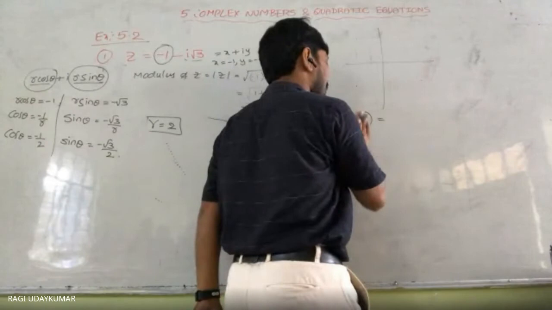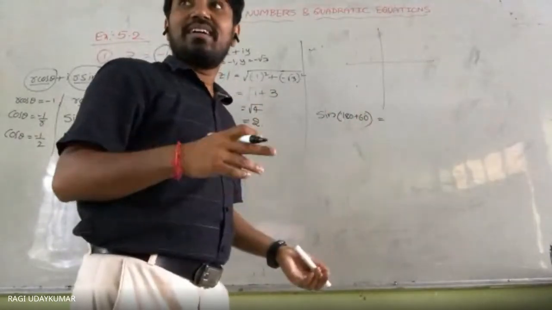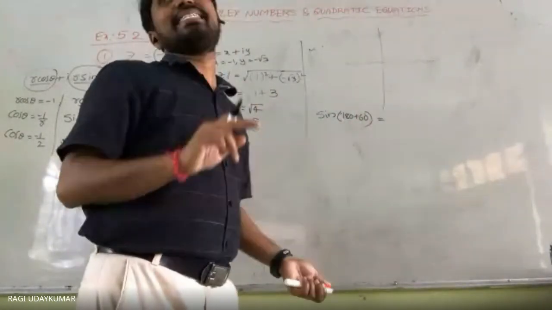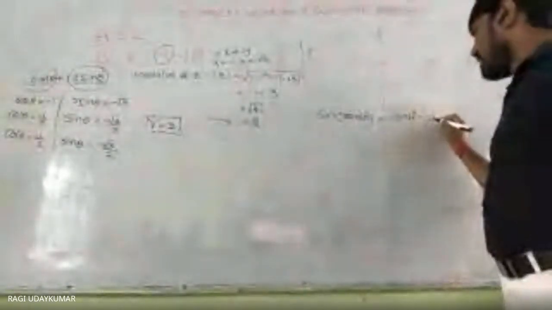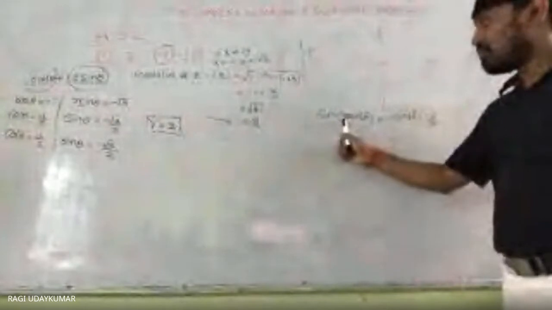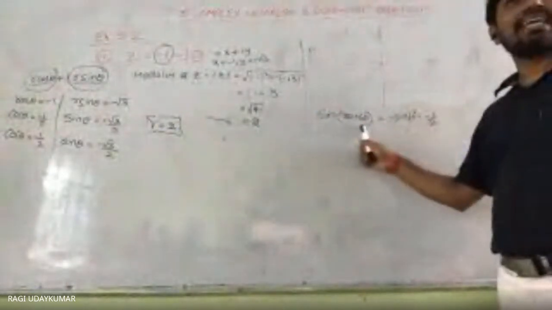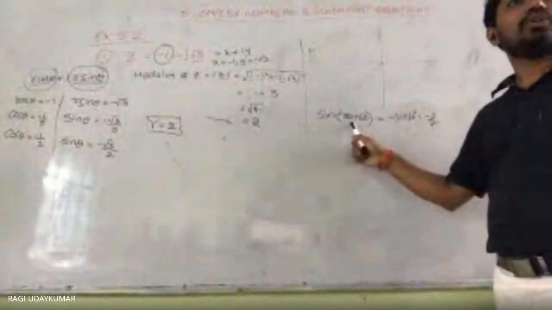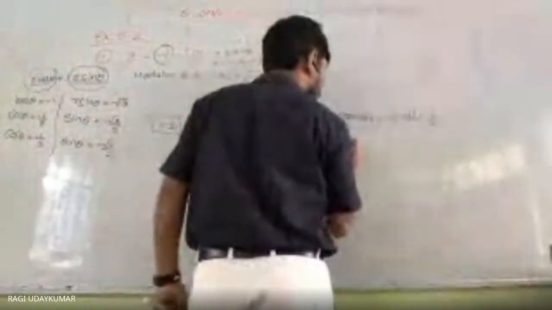Sin(180 + 60) is equal to minus sin 60 degrees, because 180 plus theta is in this quadrant. Do you understand? So that is nothing but minus sin 60 degrees, minus √3/2. For what value are you getting minus 1/2? What is this angle? 240 degrees. Also take cos(180 + 60 degrees).